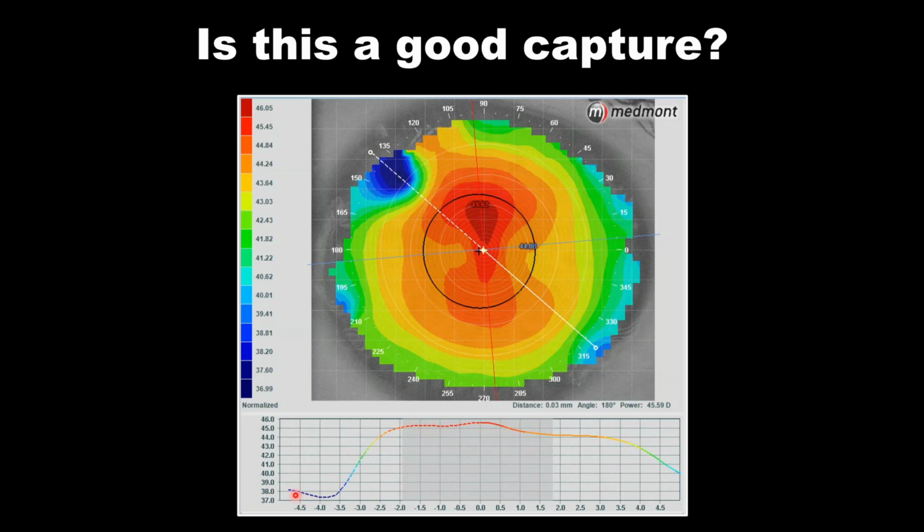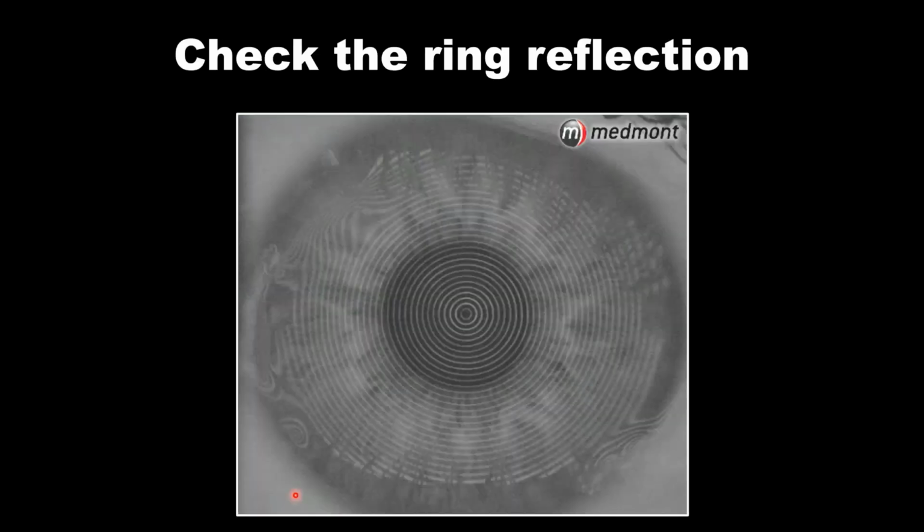Now, is this naturally occurring? Is this trauma? Is this topography error? And it is definitely possible, as we all know, for the rings to become distorted from poor tear film. It's possible that we have disrupted epithelium that may create a false area of data. Well, let's look at the placido.